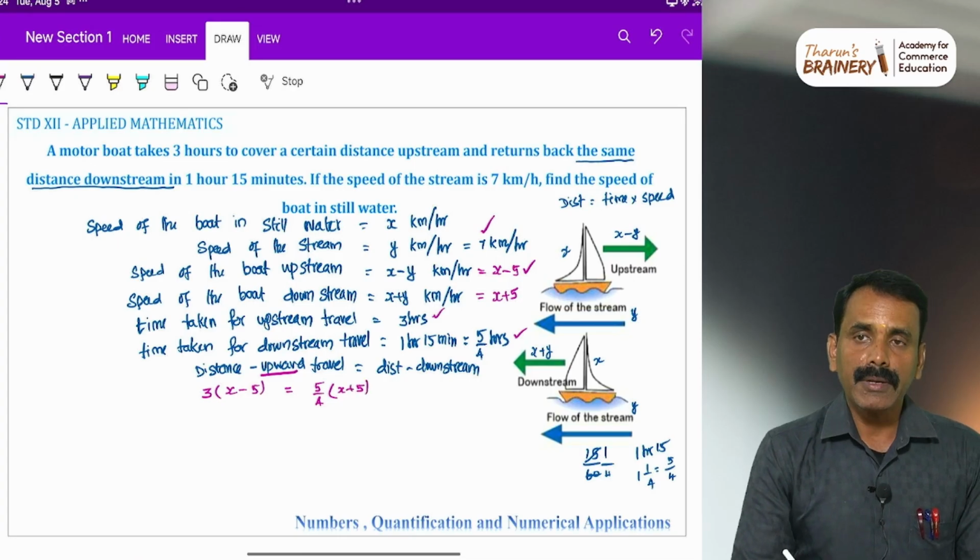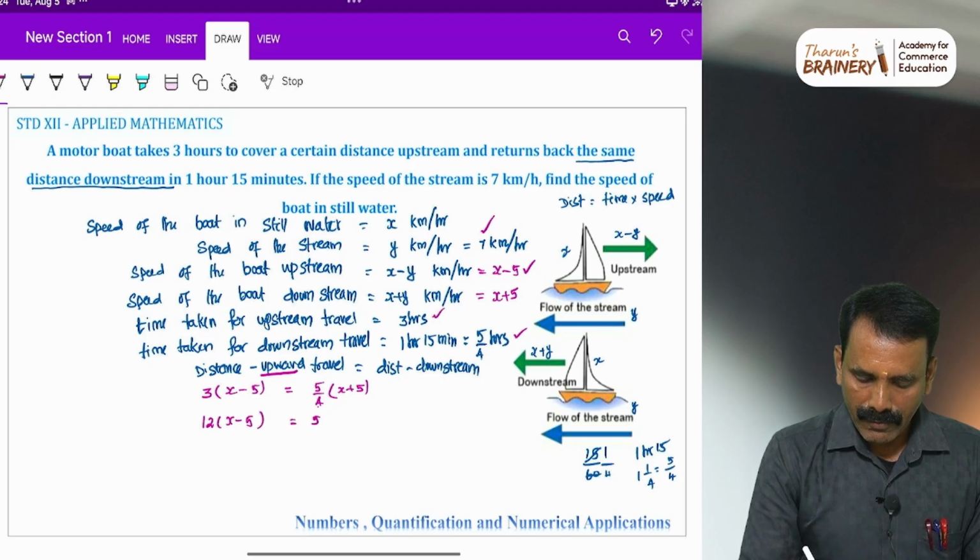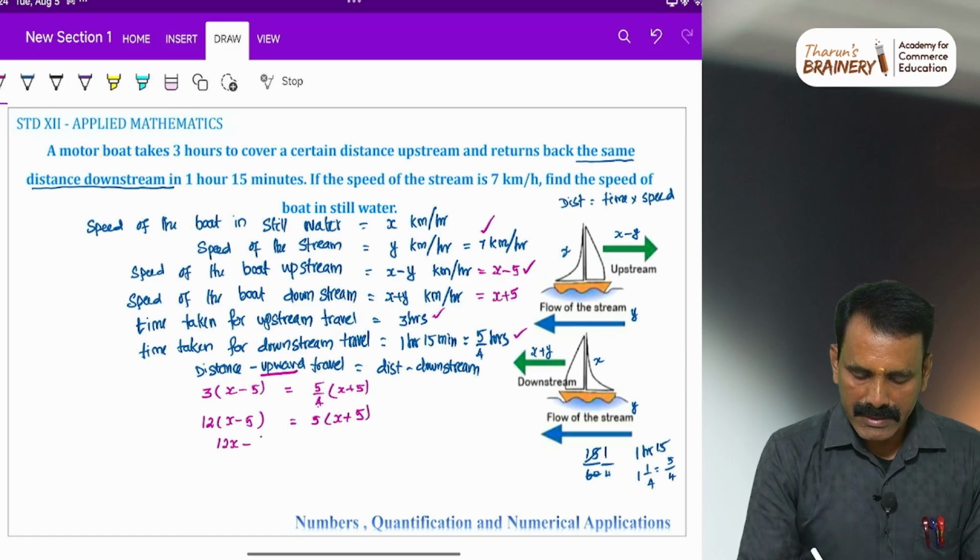So we cross multiply now. 4 into 3, so this 4 is multiplied here. 4 3s are 12. 12 into x minus 5 is equal to 5 into x plus 5. So we simplify. 12x minus 12 into 5 is 60, is equal to 5x plus 5 5s are 25.